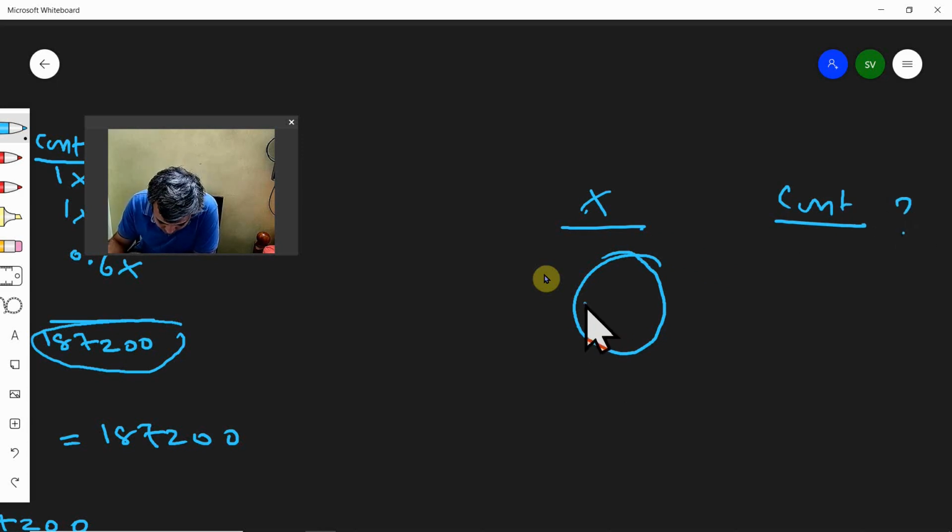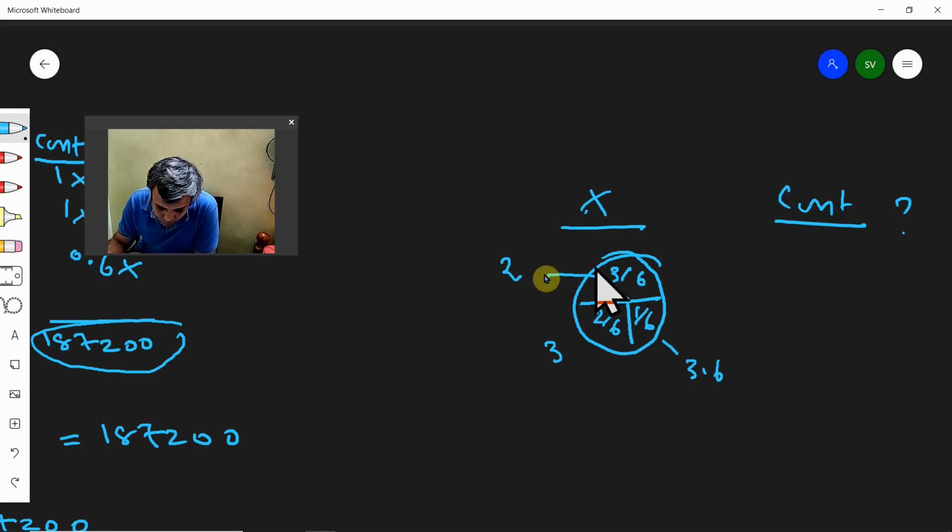Now, there are 3 products, and the overall BEP is of P, Q as well as R. So 3 by 6th of P, 2 by 6th of Q, and 1 by 6th of R. This 3 by 6th earns me 2 rupees. This 2 by 6 earns me 3 rupees. And this 1 by 6 earns me 3.6.